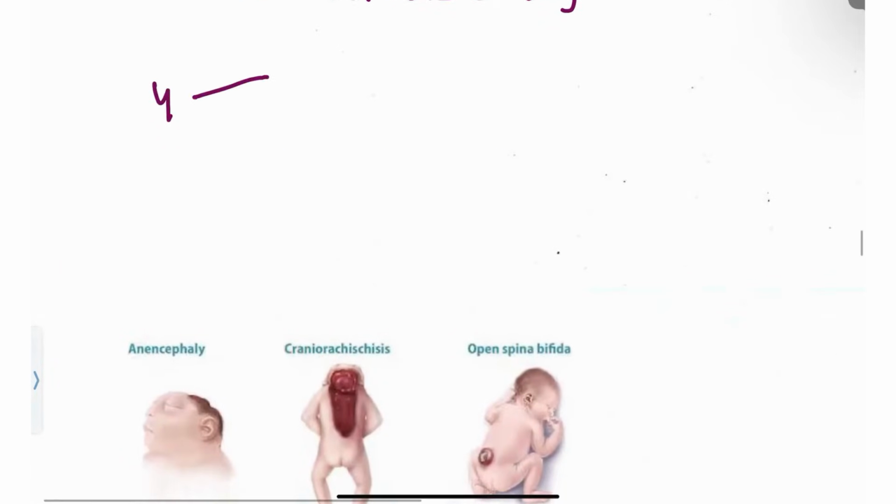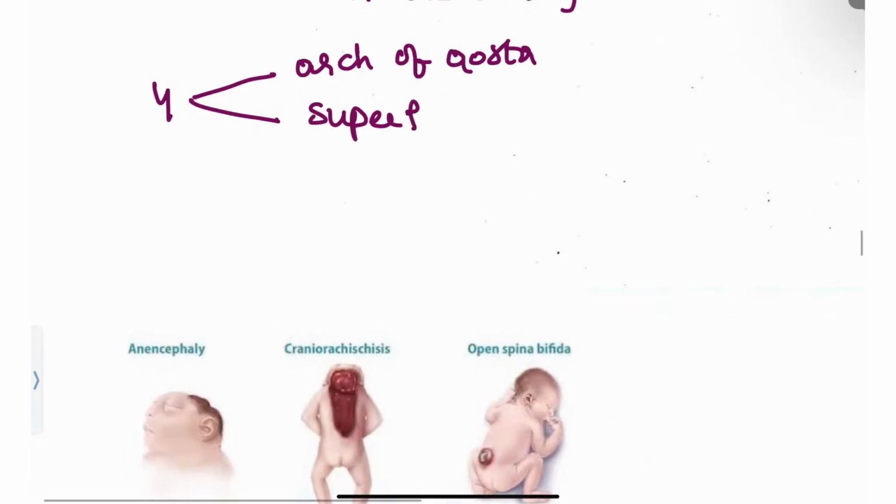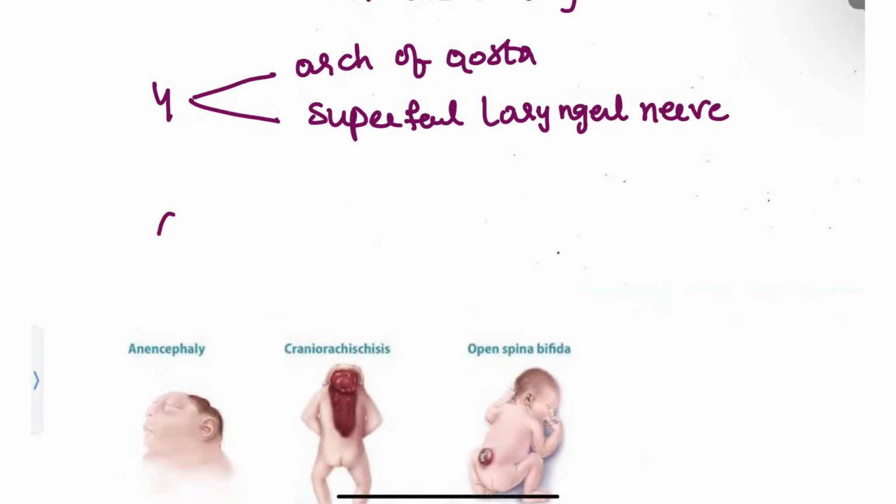And on the fourth one, the arch of the aorta, and also the superior laryngeal nerve. The superior laryngeal nerve is present here. Next, on the sixth arch, there will be the ductus arteriosus.